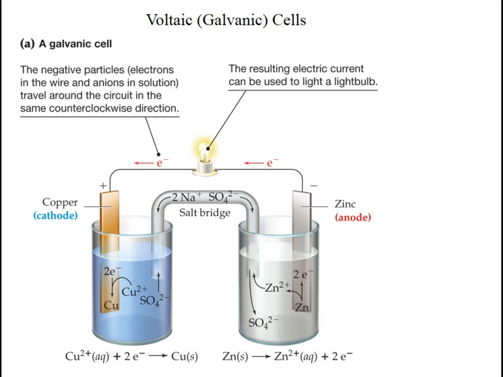Anions always flow to the anode, but it's kind of important that you understand that it's because we're losing copper 2 ion that we have to move more cations into that compartment or move anions out of that compartment. On the right-hand side, we have zinc ion forming, which means that we would build up positive charge if we didn't have negative ions flowing into that compartment or positive ions flowing out.